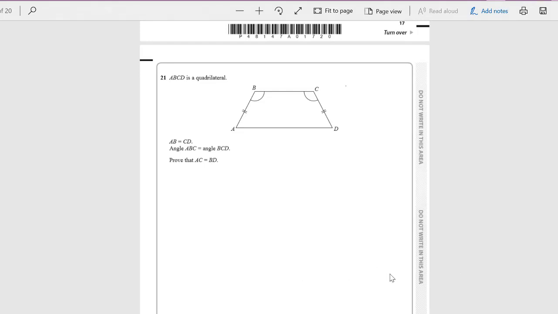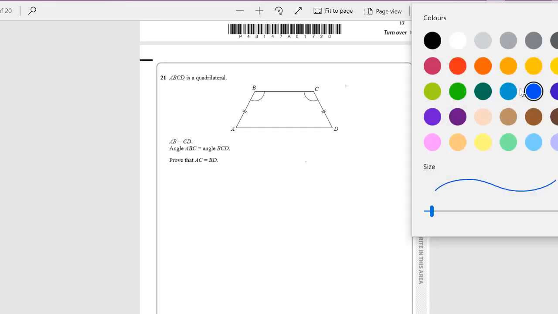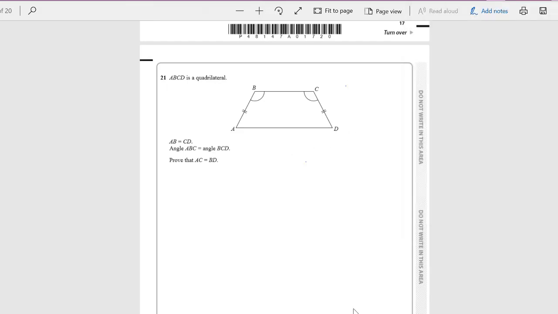Okay, question 21. It says here ABCD is a quadrilateral. AB equals CD, and you can see these dashed lines there, which means they're the same length, and angle ABC is the same as BCD.